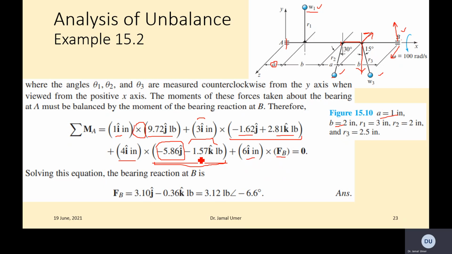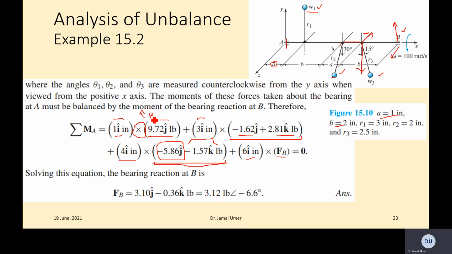So now you solve. Just make sure you understand the multiplication of vectors. If you need to revise the fundamentals, go back to elementary multiplication of vectors. In very brief, when you take the cross product of I with J, the result would be K, right?